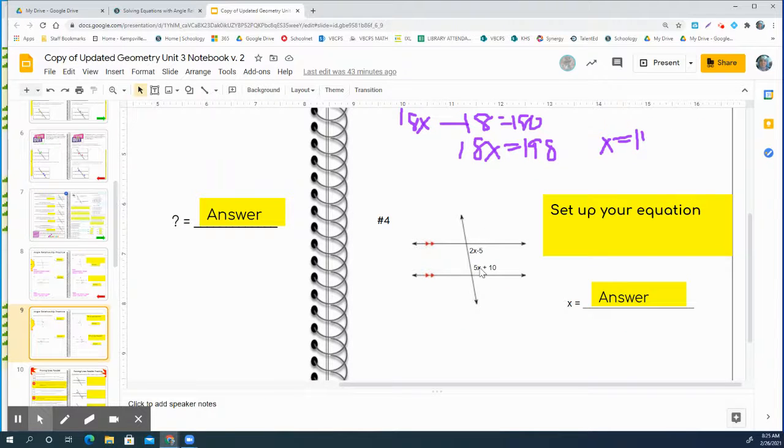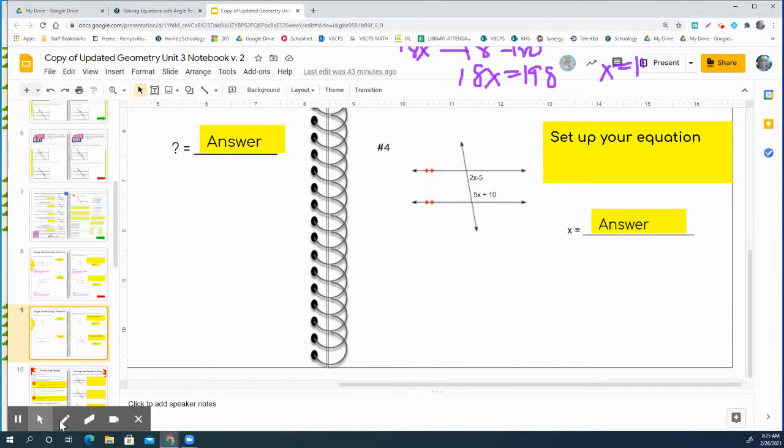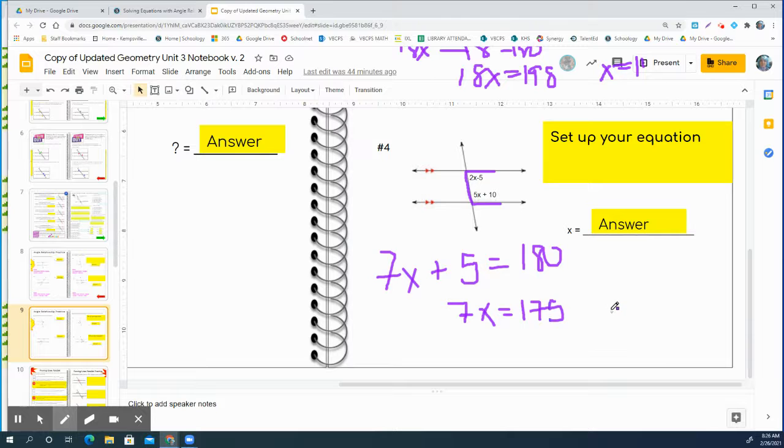So if we add these up, we get 7x plus 5 equals 180, right? These are same side interior, so they're going to be supplementary, same side supplementary. So when you combine the like terms, 7x plus 5 equals 180, or 7x equals 175, and x equals 25.